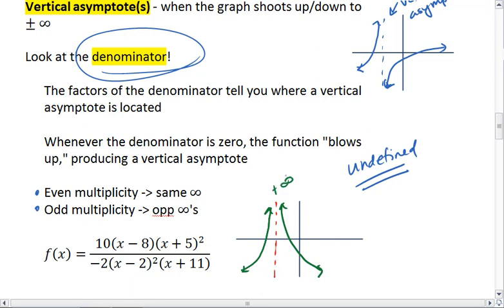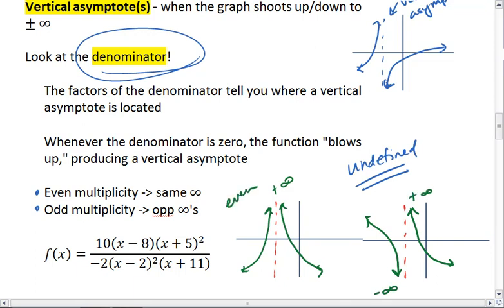It could also be that they'll both go down to negative infinity, and either way they're going towards the same infinity. For an odd multiplicity, we see that on either side of the vertical asymptote we approach opposite infinities. So one will go to negative infinity, the other side goes to positive infinity. This is even, this is odd.